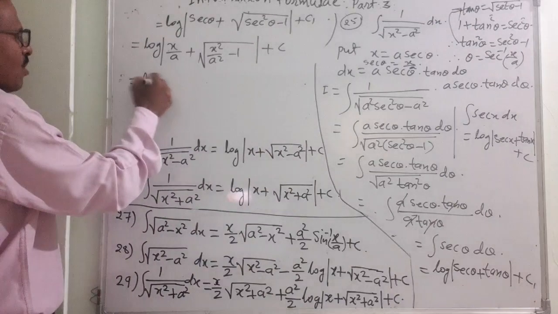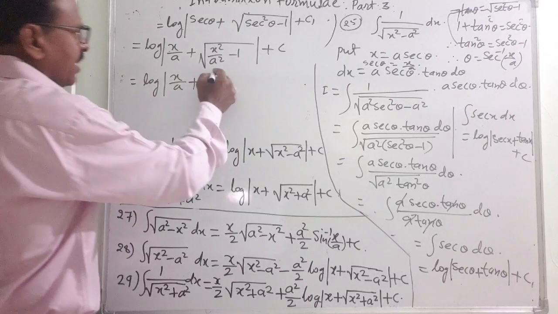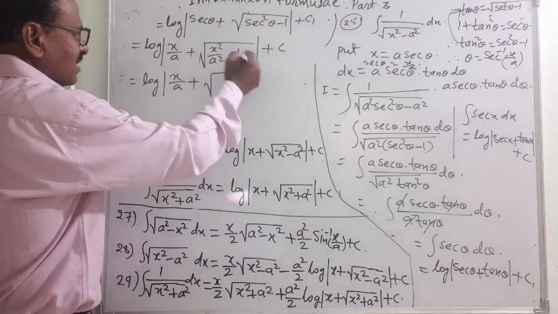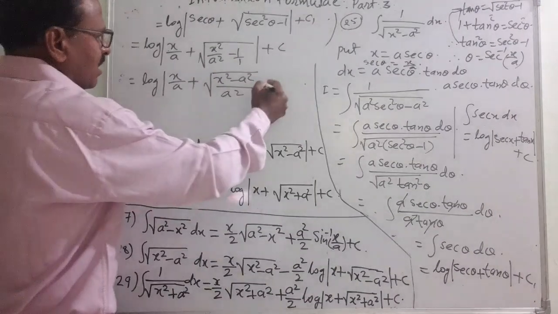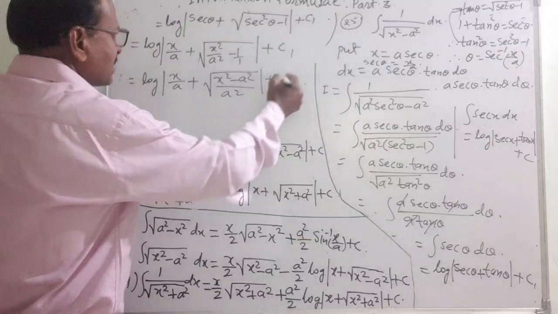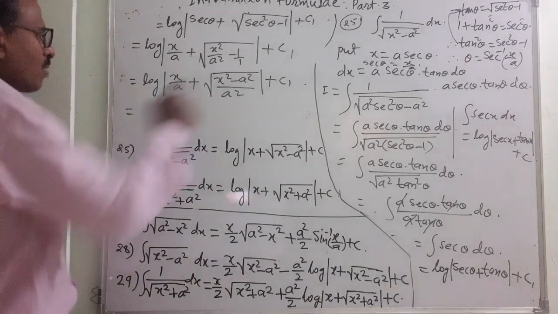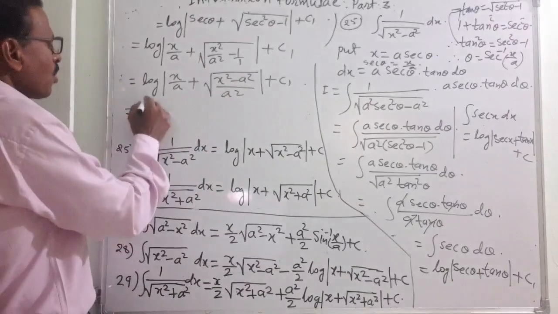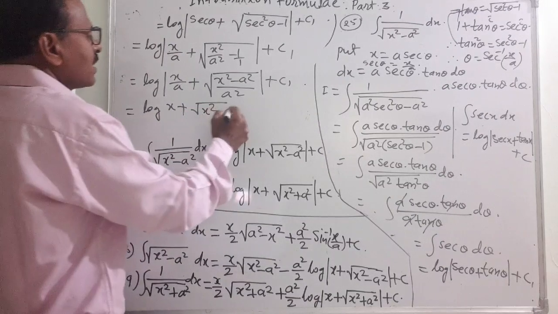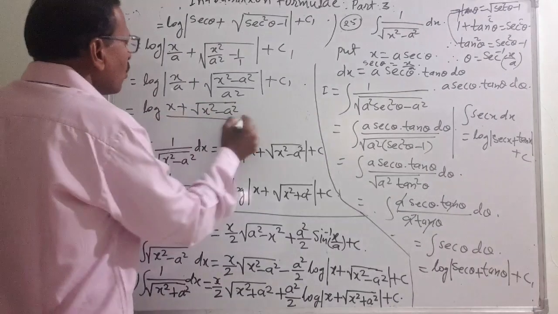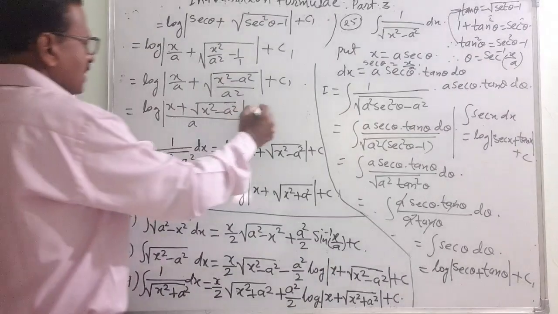That is equal to log of x upon a plus under root of, now I will do the cross multiplication, x square minus a square upon a square, plus c1. That is equal to, under root of a square is a, so log of x plus under root of x square minus a square, whole upon a, check this, plus c1.